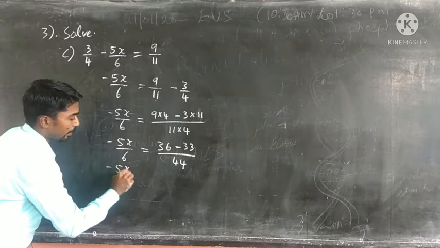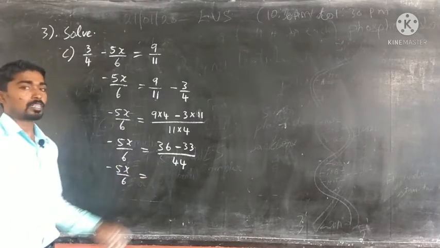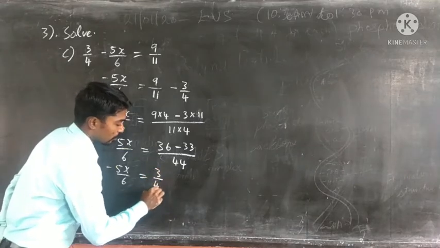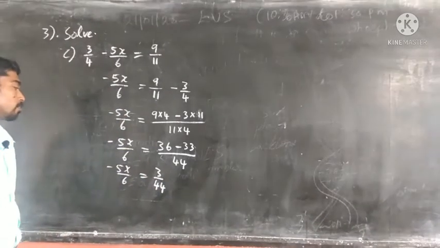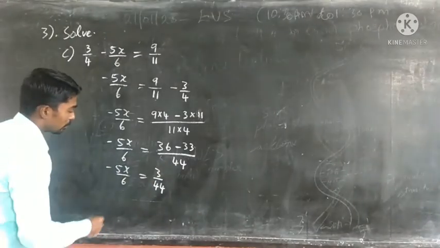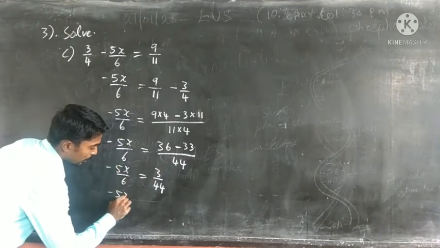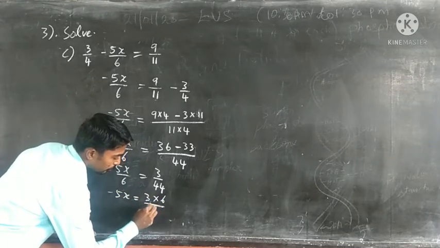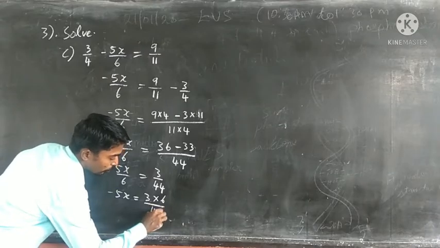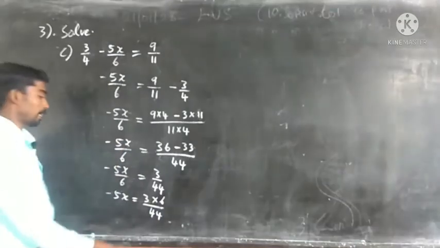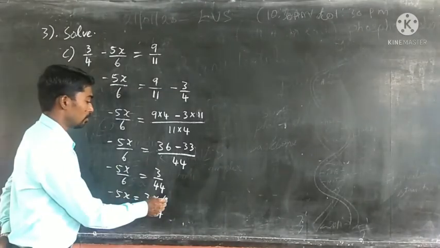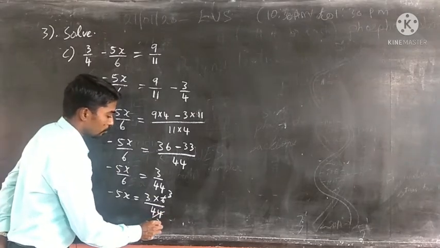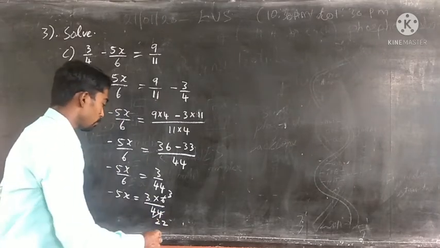Minus 5x by 6 is equal to 36 minus 33 is 3 by 44. The 6 we can take to the other side, it will be minus 5x is equal to 3 into 6 by 44. Common values will get cancelled. 2 we can cancel. 3 2s are 6, and then 22 2s are 44.